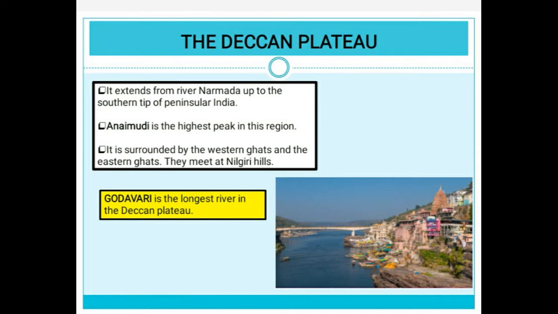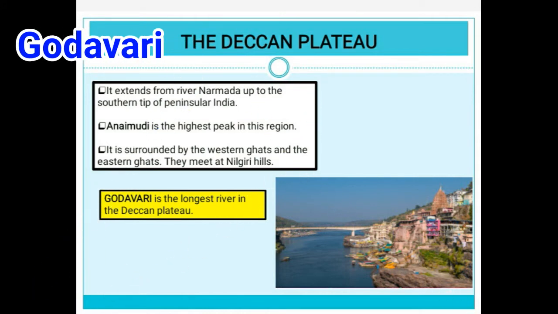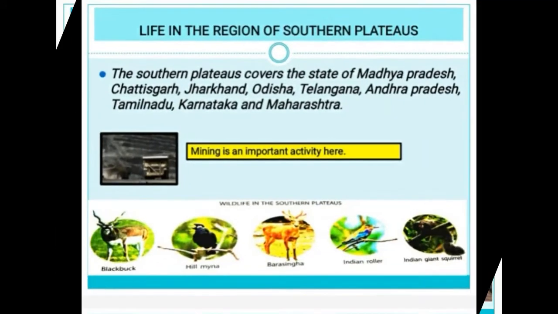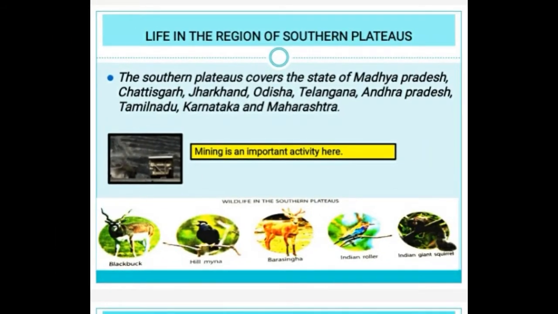The Eastern Ghats are broken into small hill ranges by rivers flowing from the Western Ghats, and most of these rivers fall into the Bay of Bengal. The Godavari is the longest river in the Deccan Plateau. Keep that in your mind: which is the longest river in the Deccan Plateau? River Godavari.